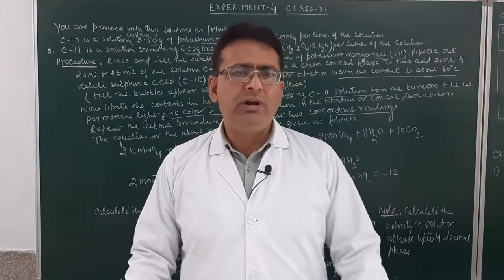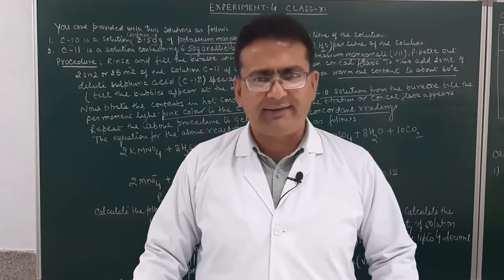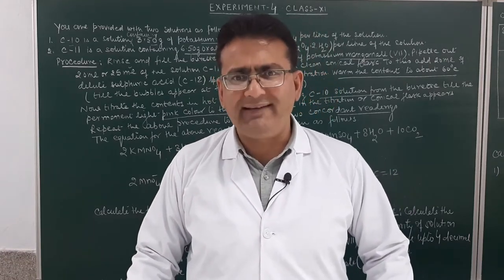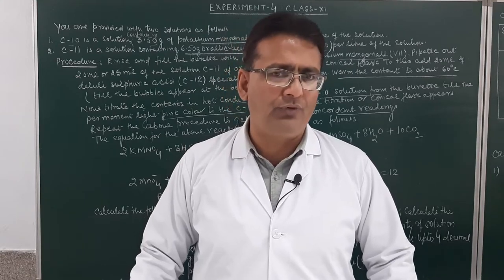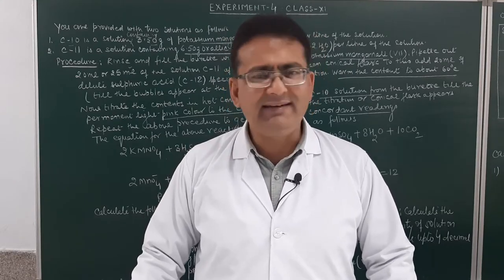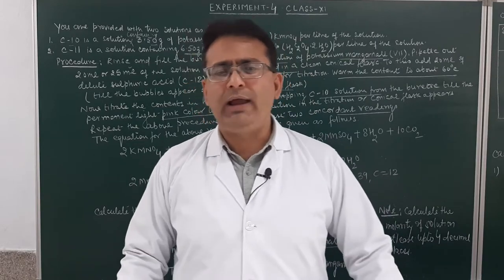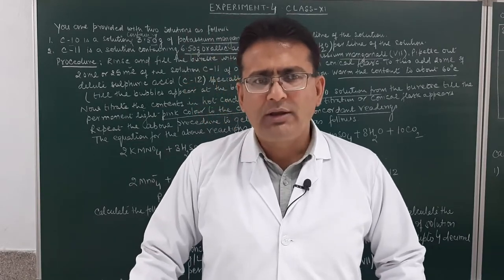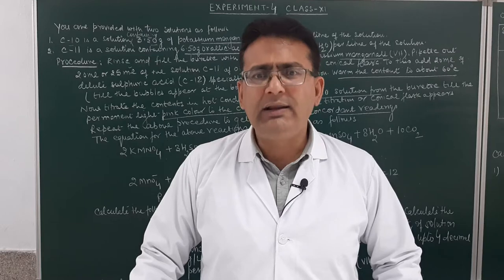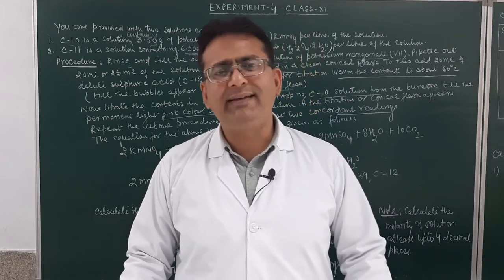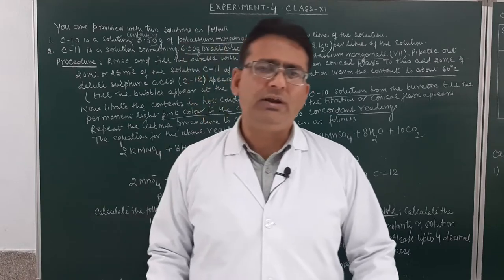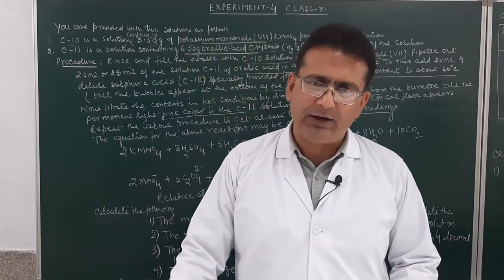Then we will heat the conical flask up to 60 degrees C till the first bubble appears at the bottom of the flask. Once it is done, we will add the KMnO4 solution in a dropwise manner till the persistent pink color is obtained. Whenever the persistent pink color is obtained, that will indicate the end point of the titration.